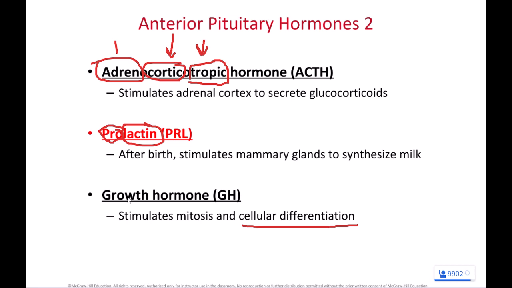ACTH will travel to the adrenal cortex and cause the adrenal cortex to release the glucocorticoids, those hormones from the adrenal cortex that help to regulate blood glucose levels and the stress response, notably cortisol. So those are the major tropic hormones, or the major hormones that cause the release of other hormones in our bodies.